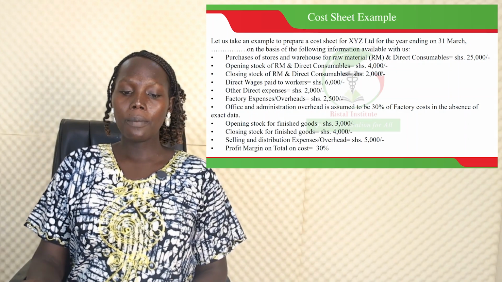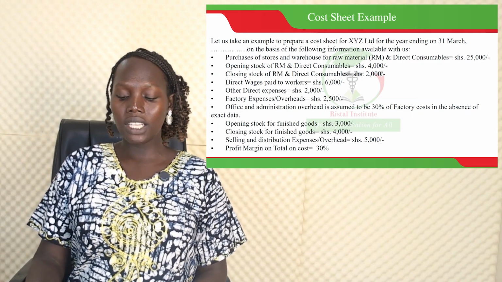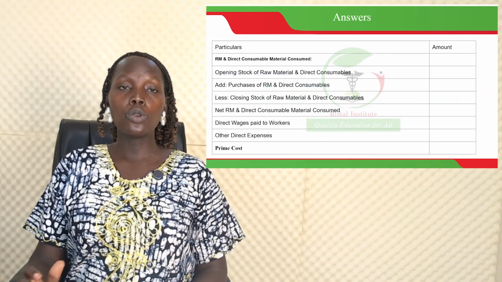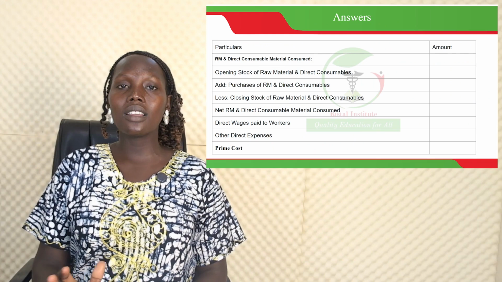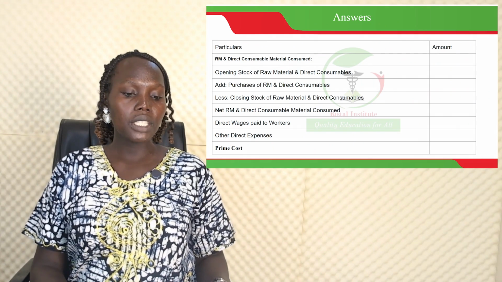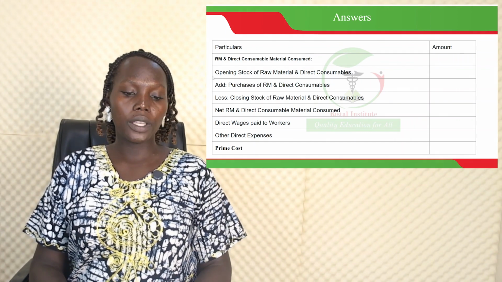So let's come up with the cost sheet and find out the selling price or the sales. We have to generate the particulars and then the amount. I've already entered them, so we are going to be following.